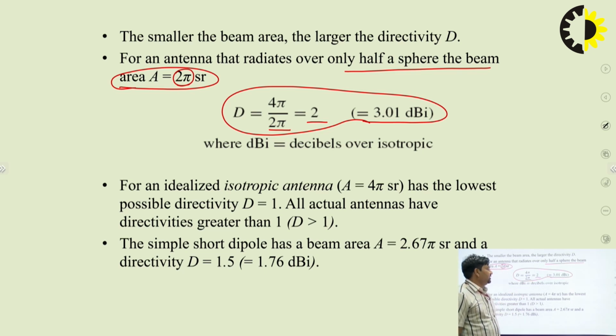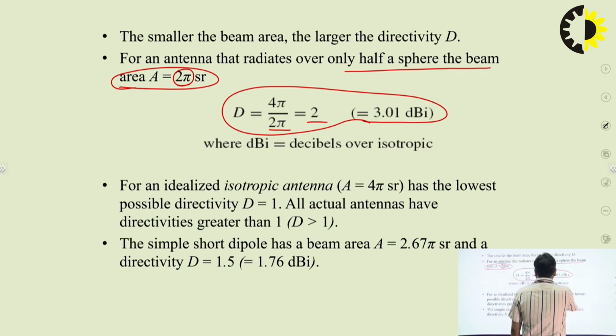By using 10 log, we convert the directivity D from linear form into dBi. So 10 log base 10 of 2, where 2 is the directivity in linear form.